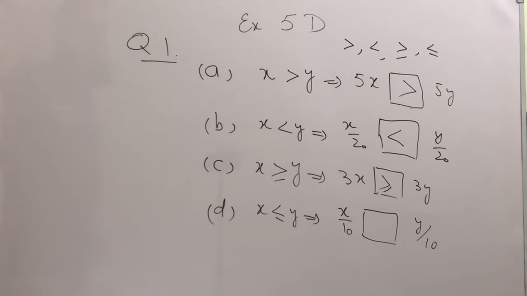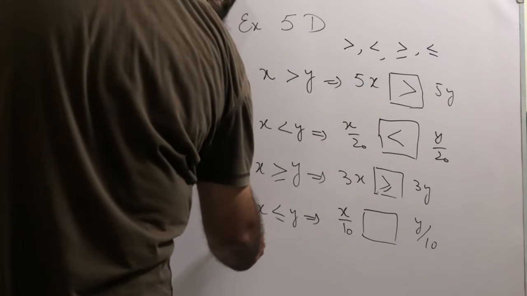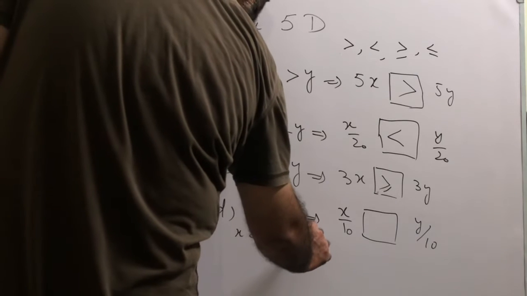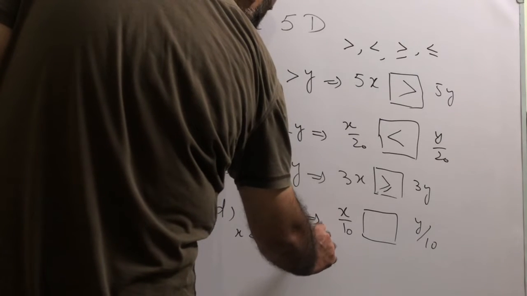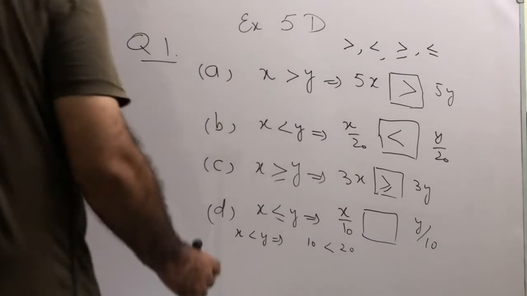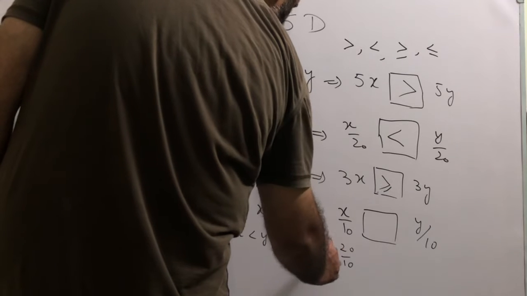So if x is less than y or equal to y, and we divide both sides by the same number, the same sign still holds. Like if we say x is less than y, let's suppose 10 is less than 20. If we divide both sides by 10, what will be the result?